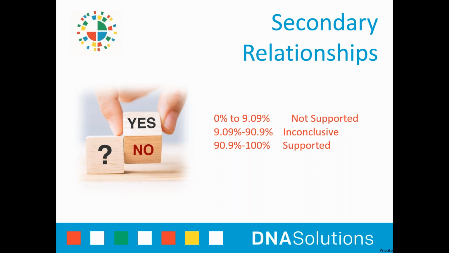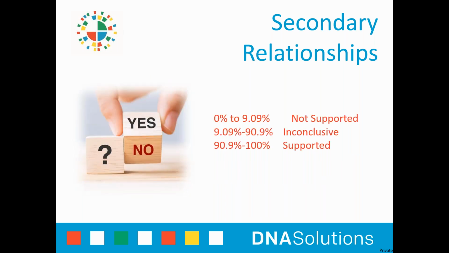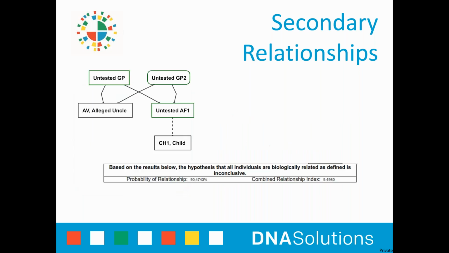So not supported is a CRI between 0 and 1, inconclusive is 1 to 10, and supported is 10 to 100. And you're probably used to seeing these verbally in your reports. And actually, I said that wrong for the CRIs. So hang on.